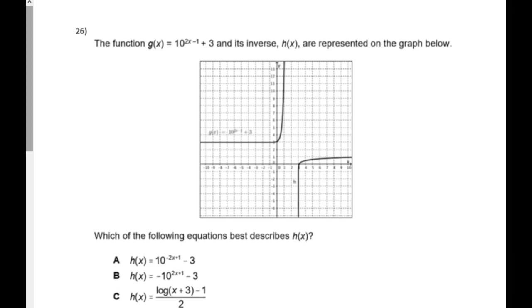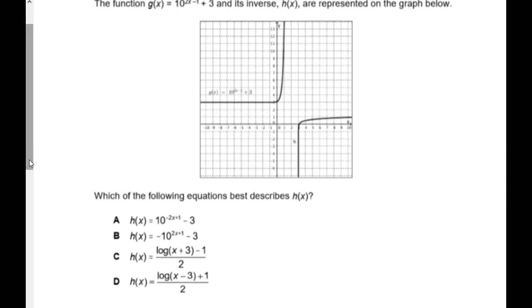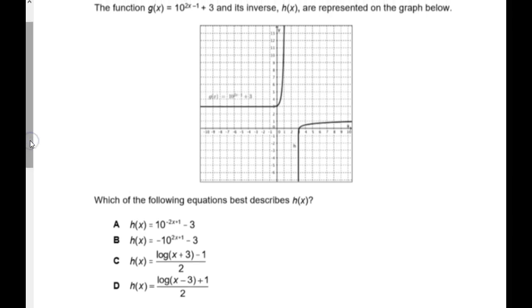Okay, we got these functions. The following equation is best described as h of x. So the inverse of this. You remember doing this.